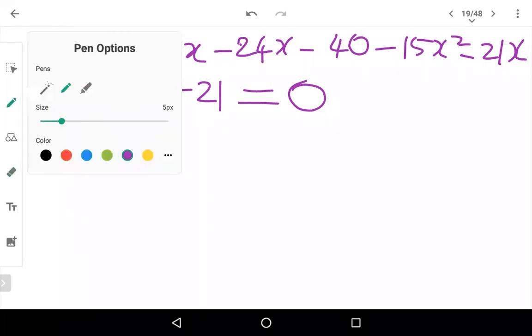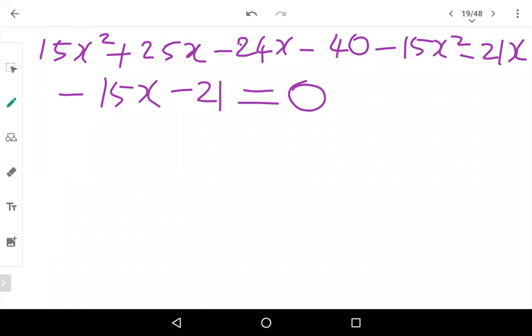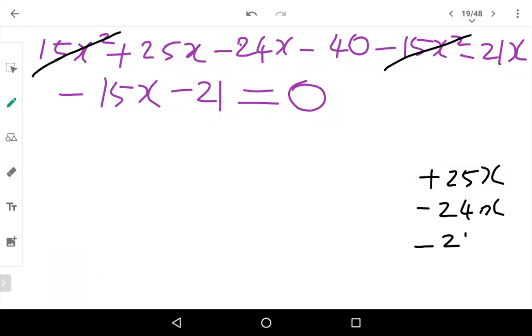Now the next step, what we are going to do is, if you see here, we have 15x², that is one is plus, another 15x² is minus. So I can cancel 15x² and 15x². Okay. Now after this, let us see what all is remaining with us. First, we will check what all x are remaining. So we have plus 25x, minus 24x, minus 21x, minus 15x.